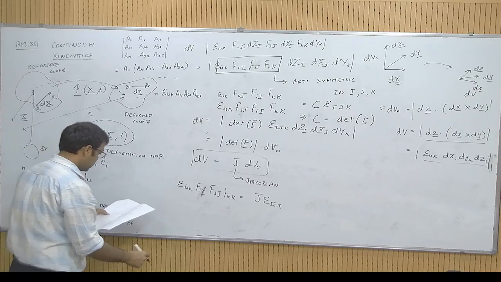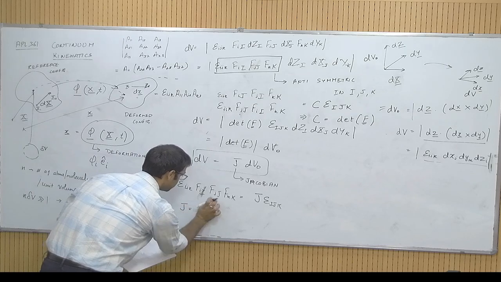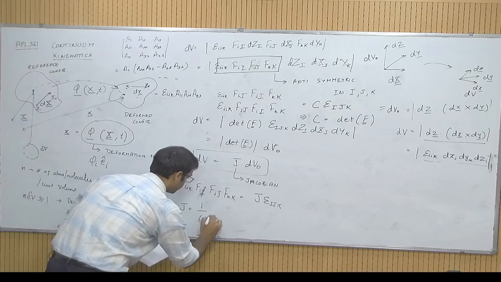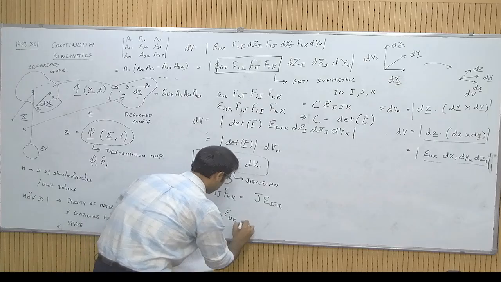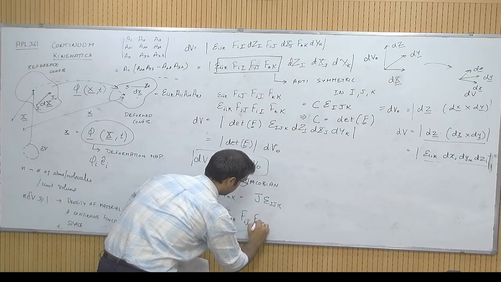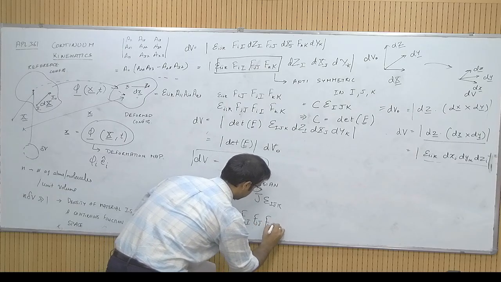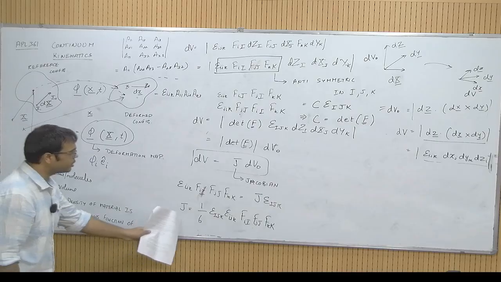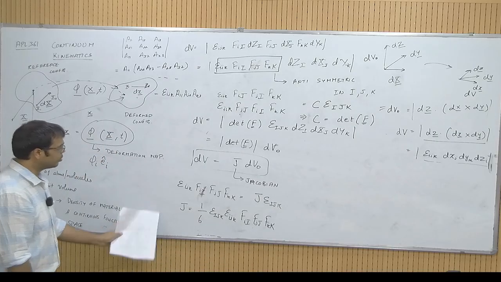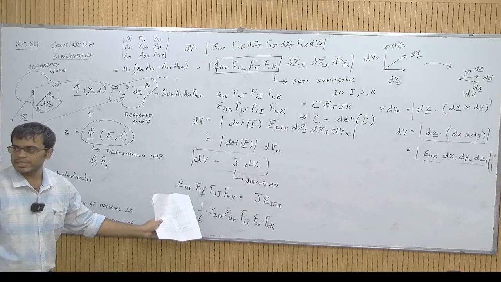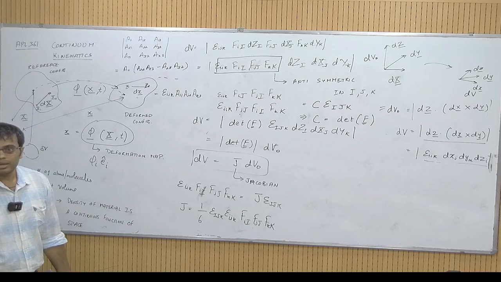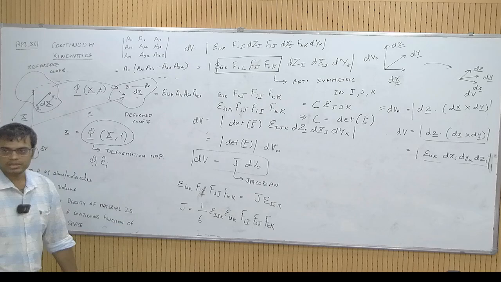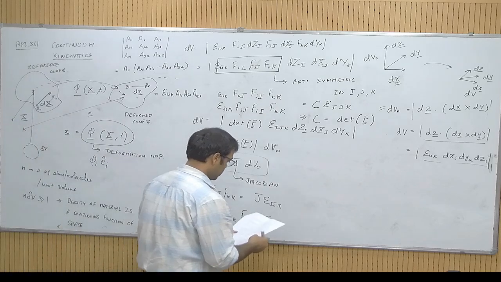Now there is another way in which I can write this J, and that is J is going to be 1 by 6 of epsilon capital IJK epsilon small ijk F_iI F_jJ F_kK. I'm not going to derive or prove this. If you want, you can do it by multiplying on both sides by epsilon capital IJK. And yesterday we saw what is epsilon IJK times epsilon IJK. From the epsilon delta identity we derived the value is 6. So that's where this 1 by 6 comes from. So it's very straightforward.